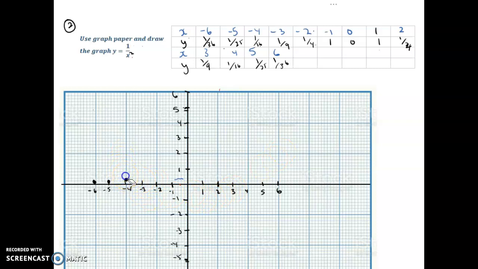Actually no, I went up a little too high for this one, so it'll be around here and here. Right, minus 2 is a quarter, so that's around here. Minus 1 is 1, so that'll be there.